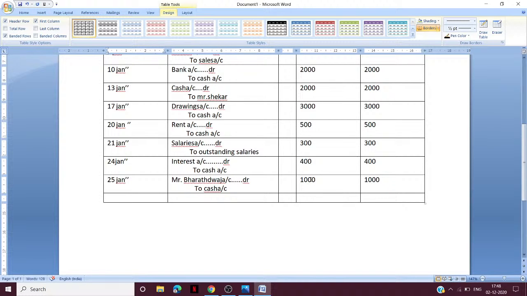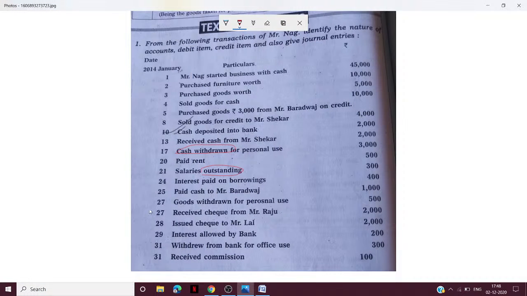Nextly, on 27th Jan 2014, the transaction is, let us see. We have two transactions on 27. It may be possible. As the business may be large, we have many transactions on one day.